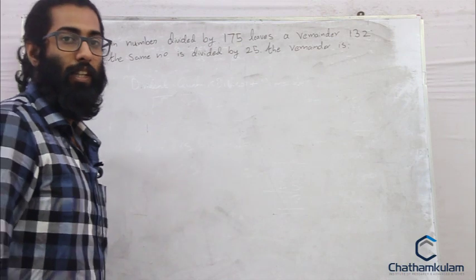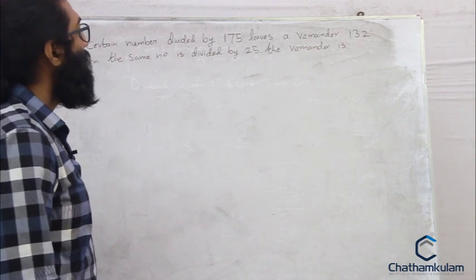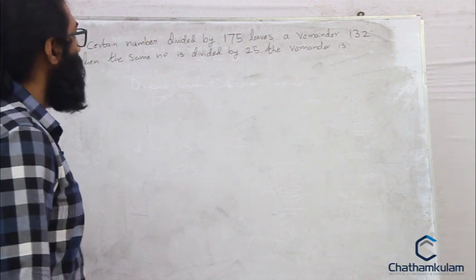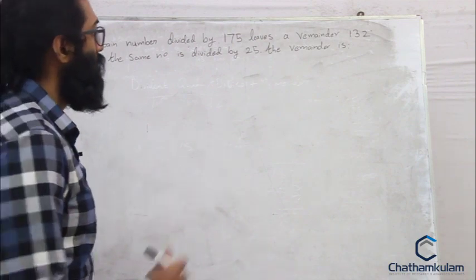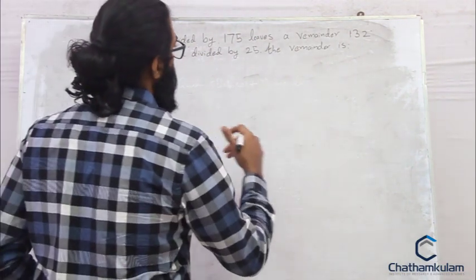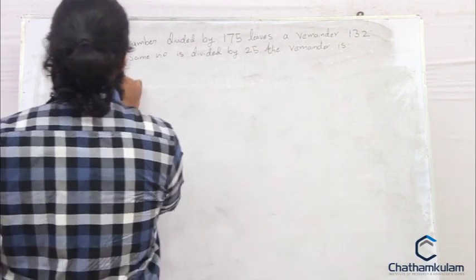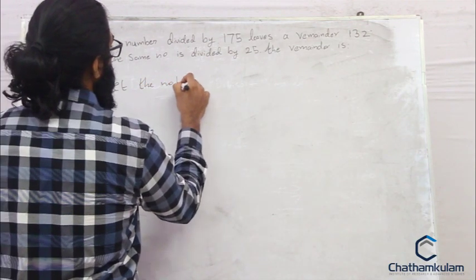Let's see the next question here. A certain number divided by 175 leaves a remainder of 132. When the same number is divided by 25, the remainder is. So I will just write down what is given in the question. First, let the number be x.